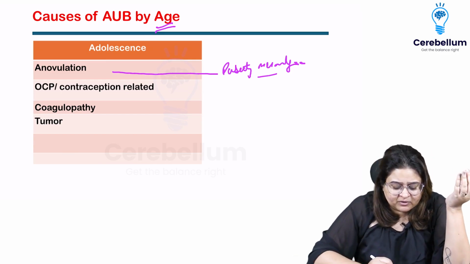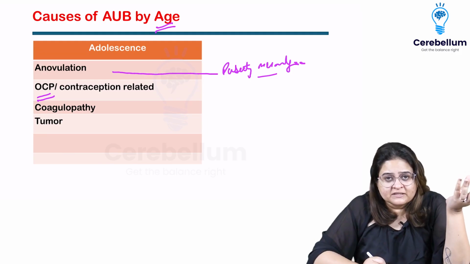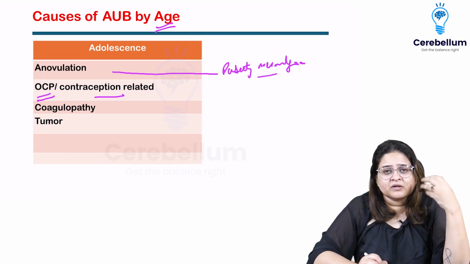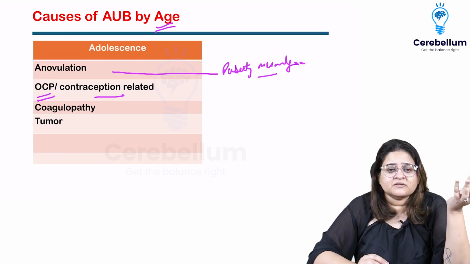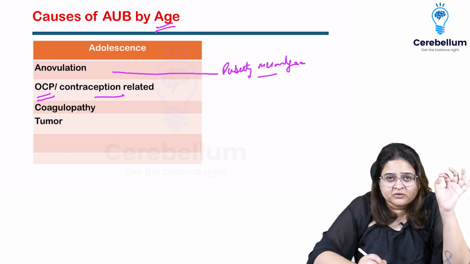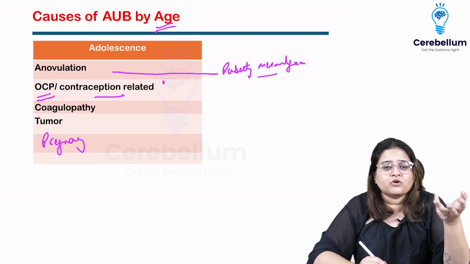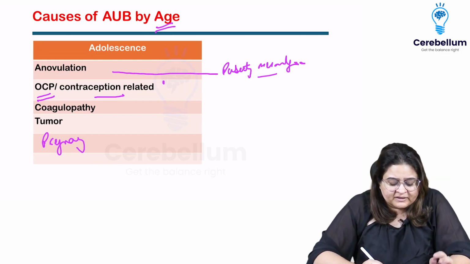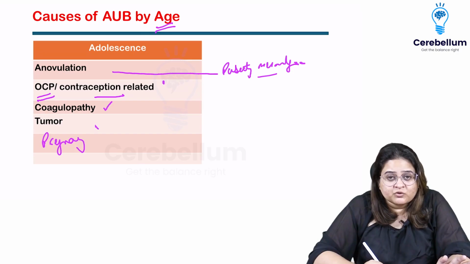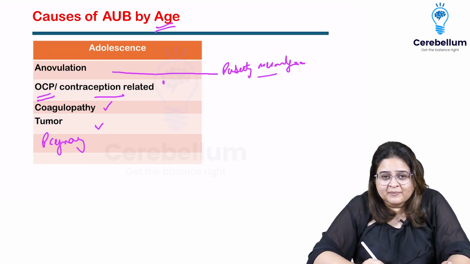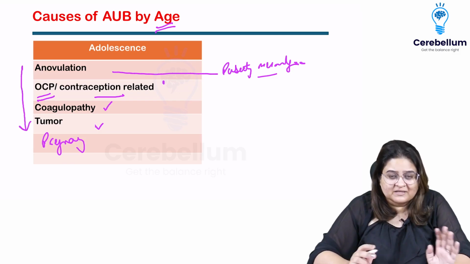Other than that, it may be contraceptive related. Many girls, maybe not in our country, but in the West, are on contraception. It could even be related to pregnancy. I'm not ruling out pregnancy, I will just put it a bit lower down in the list. It's not something you will commonly think of in this age group. Then a coagulopathy, or rare tumors can happen, but this is the order in which you will start thinking.